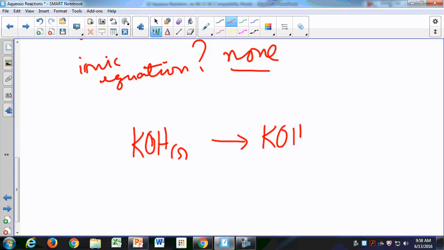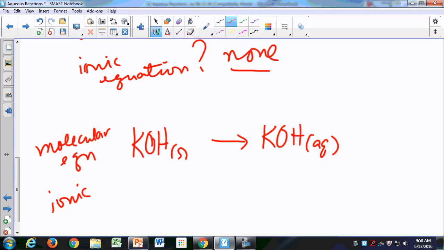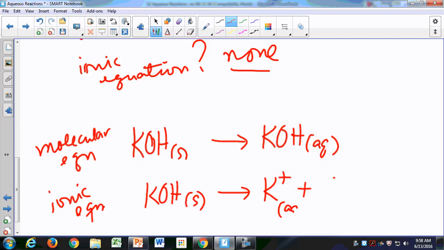The molecular equation would give you KOH aqueous. So this is your molecular equation. Your ionic equation would give you KOH solid yields potassium ions aqueous plus hydroxide ions aqueous.